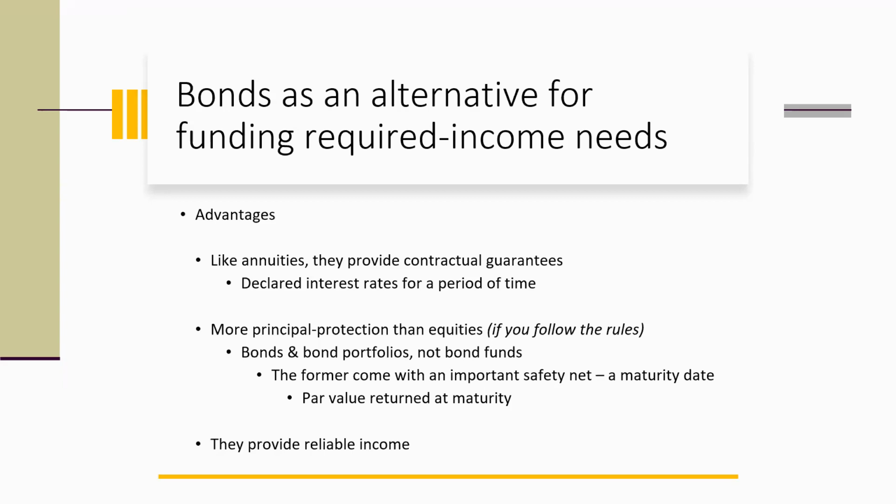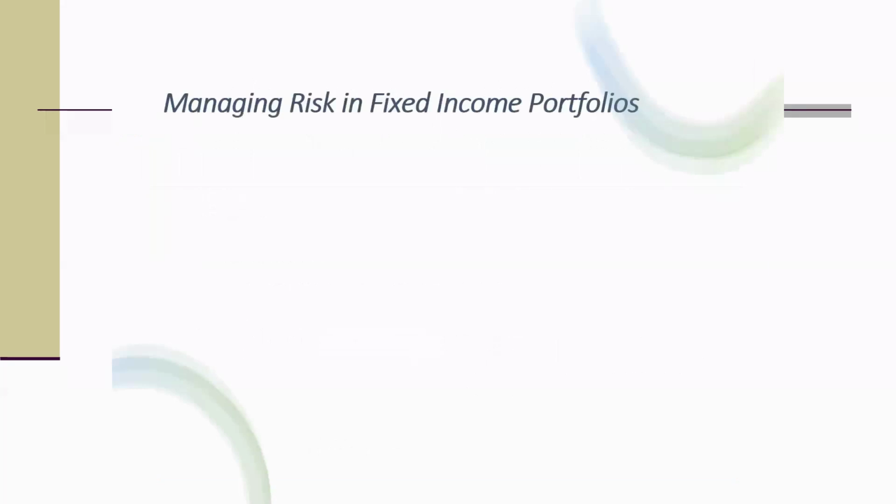You get your money back, right? You get your par value back. Par value is simply the money that it cost you to buy that bond directly from the company. So let's say that bond sells for $1,000, and you buy a $1,000 bond. It pays you at 3%. At the end of that 10-year period, you're not only going to have received your interest, but you're also going to get your $1,000 back. So that is your safety net, is your maturity date.